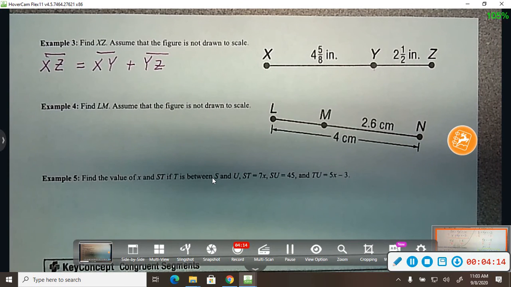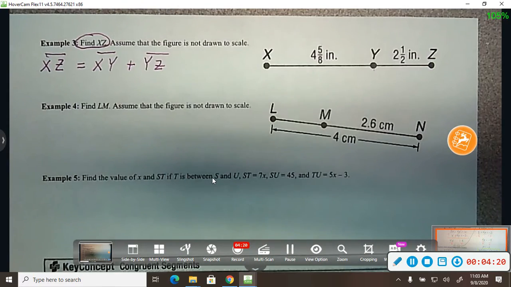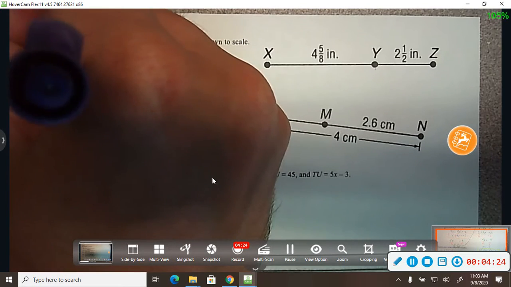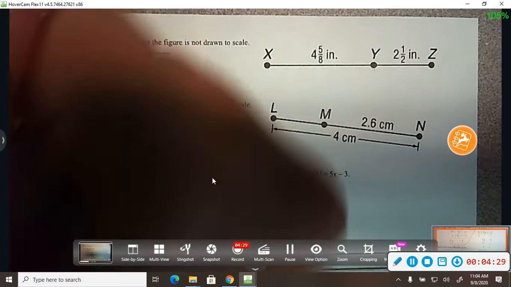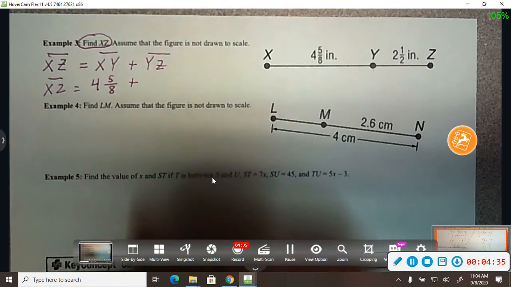So if they want me to find XZ, which is what they want, I just got to add up the 2 pieces. So XY, or I'm sorry, XZ, XY is 4 5/8. YZ is 2.5.